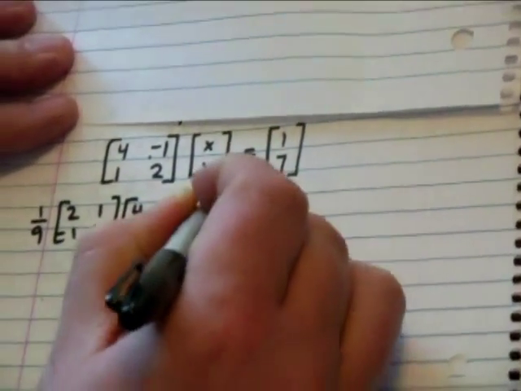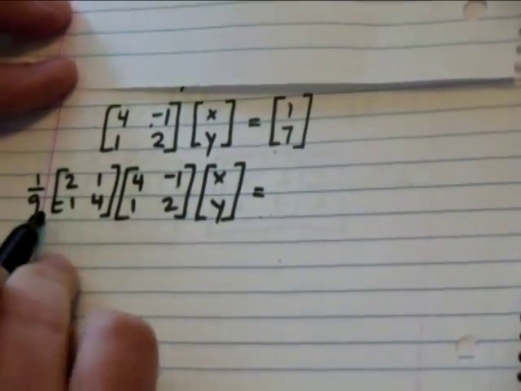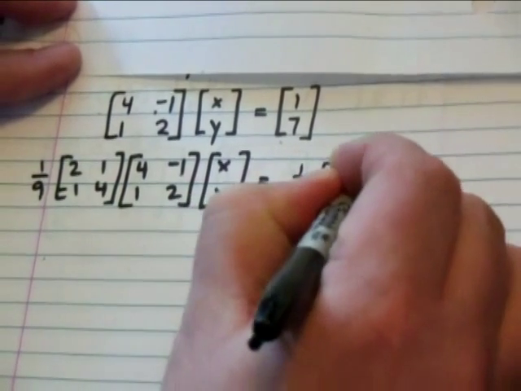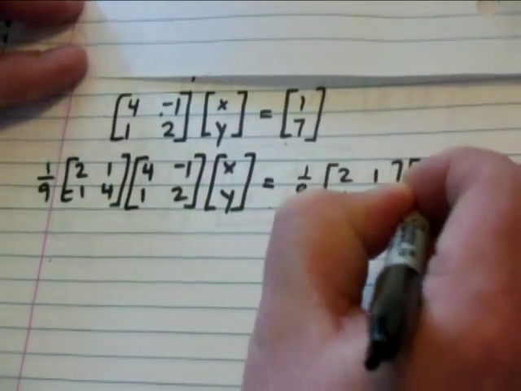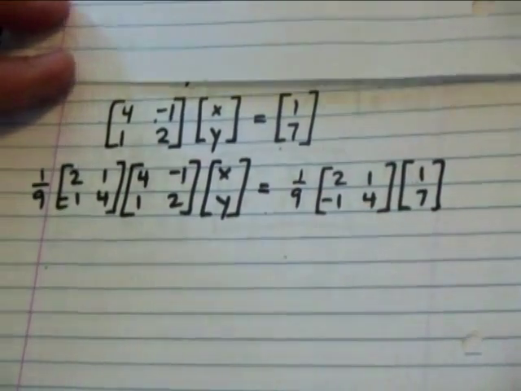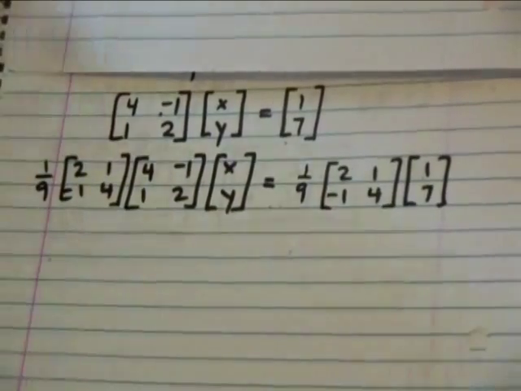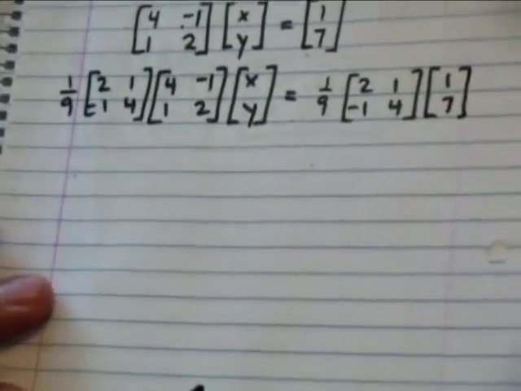And since this is math, whatever you do to the left-hand side of the equation you have to do to the right, so I have to multiply by 1/9, 2, 1, negative 1, 4 over here as well. All I'm doing is sliding that inverse matrix in. Now I can get rid of my scrap paper, it served its purpose, and now we move on.